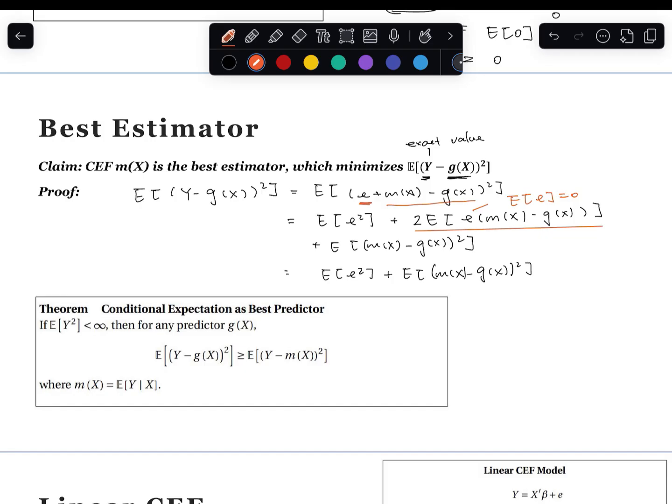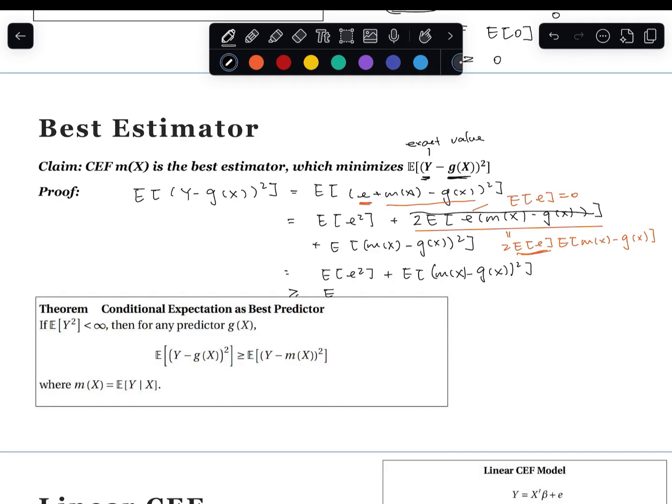The error term of this one is just 0, and actually we can write down this one too. And then because this one is 0, the whole thing goes to 0, and we can just cancel it. So it will remain the two parts.